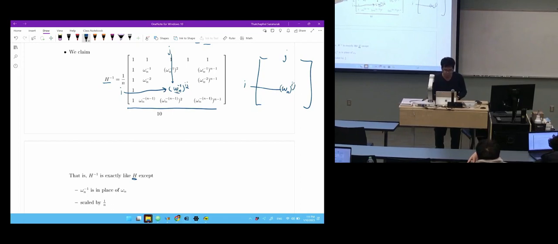So it's really the same matrix, except that you go counterclockwise or clockwise. You just put omega n inverse in place of omega n, and then at the end scale it down by 1 over n. So that's just the claim. That's how H inverse looks like.